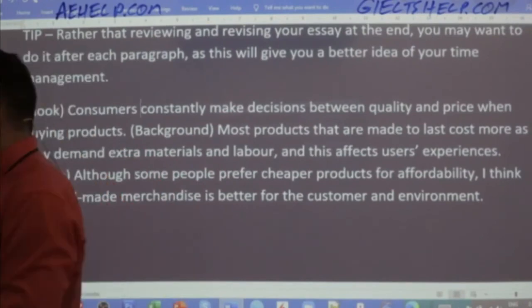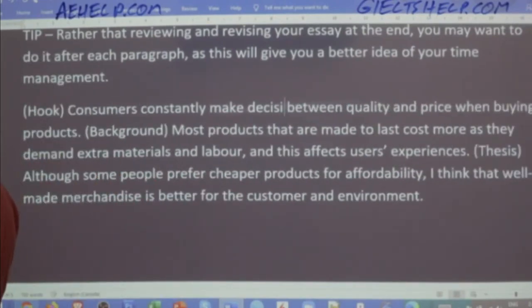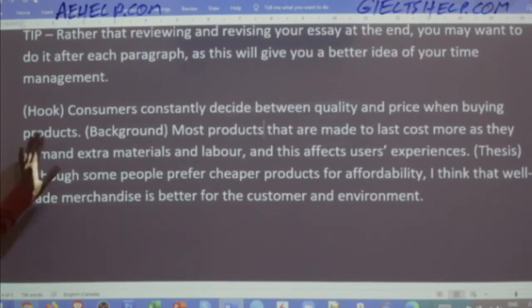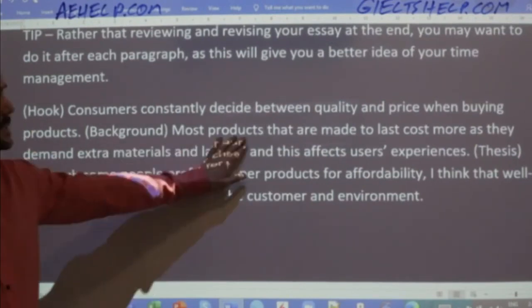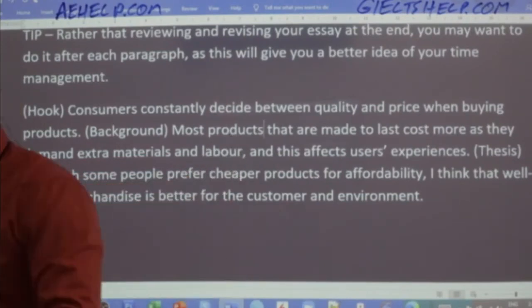Make decisions, decide between quality and price when buying products? Most products, okay? So here, I realize right away that I have products and products again. So certainly I'm going to change this one, okay?